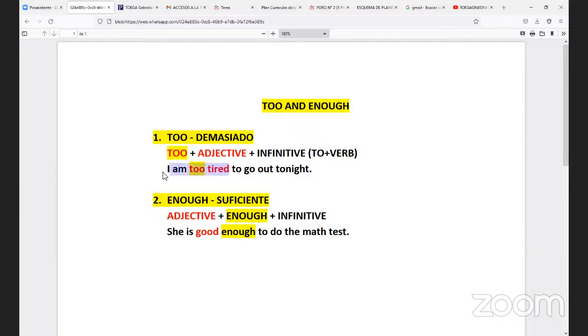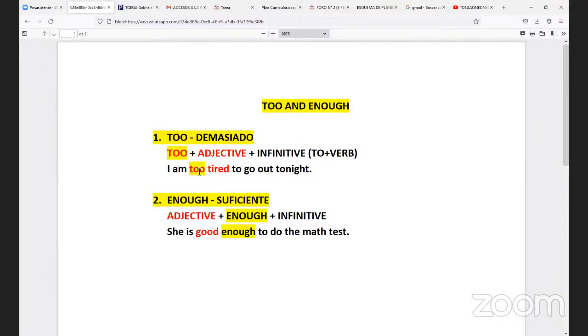And after this, we can express the reason. Why am I too tired? And I can explain using an infinitive. I'm too tired to go out tonight. So maybe I have some friends that call me in order to go out and I don't want to because I am too tired.